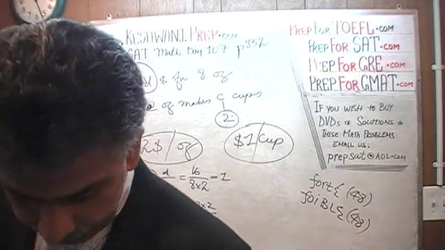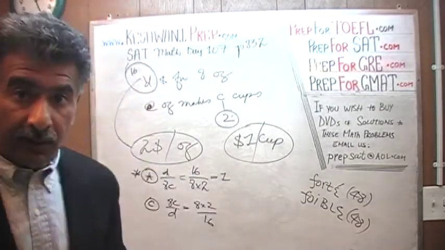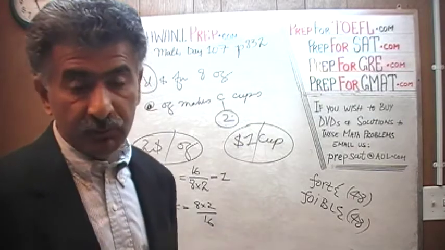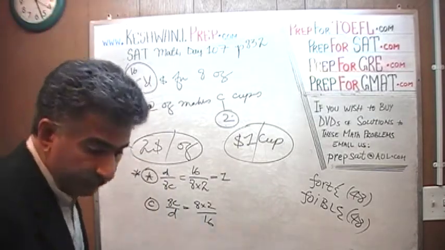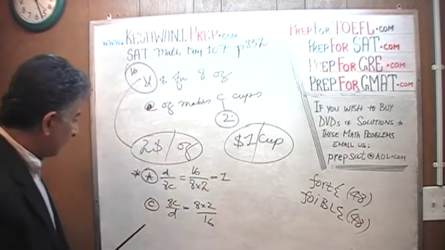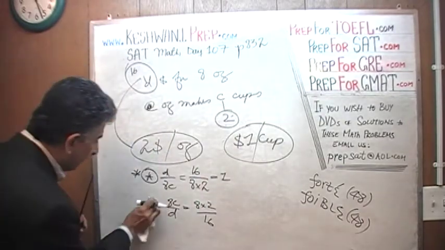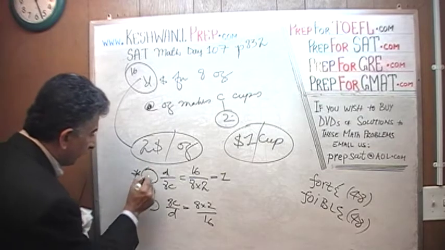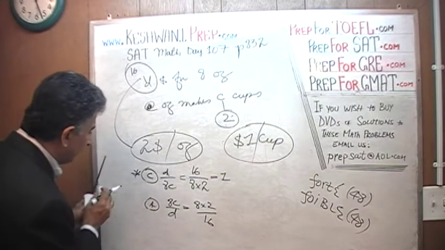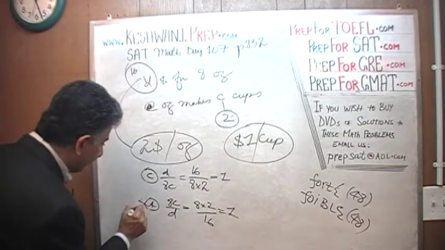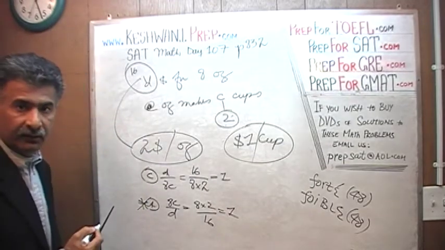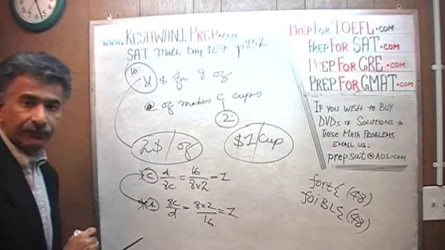What would have happened? Here we would have gotten lucky, and we know A works, and maybe you stopped there. But what would have happened if these quantities that we see here in A and C were reversed? If they had given this as C and this as A, and this one gives us 1, you might have thought that this is the correct answer. In fact, the correct answer is this guy.